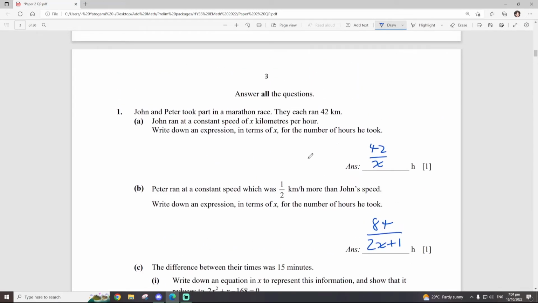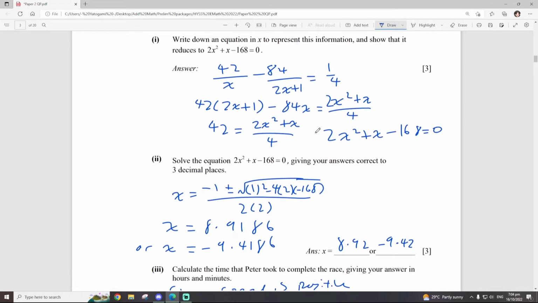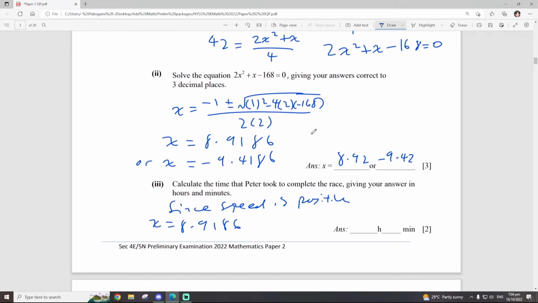Okay, so they each ran 42 km, so the time taken will be 42 divided by 8.9186, and give this in context, you will get 4.7093 hours.